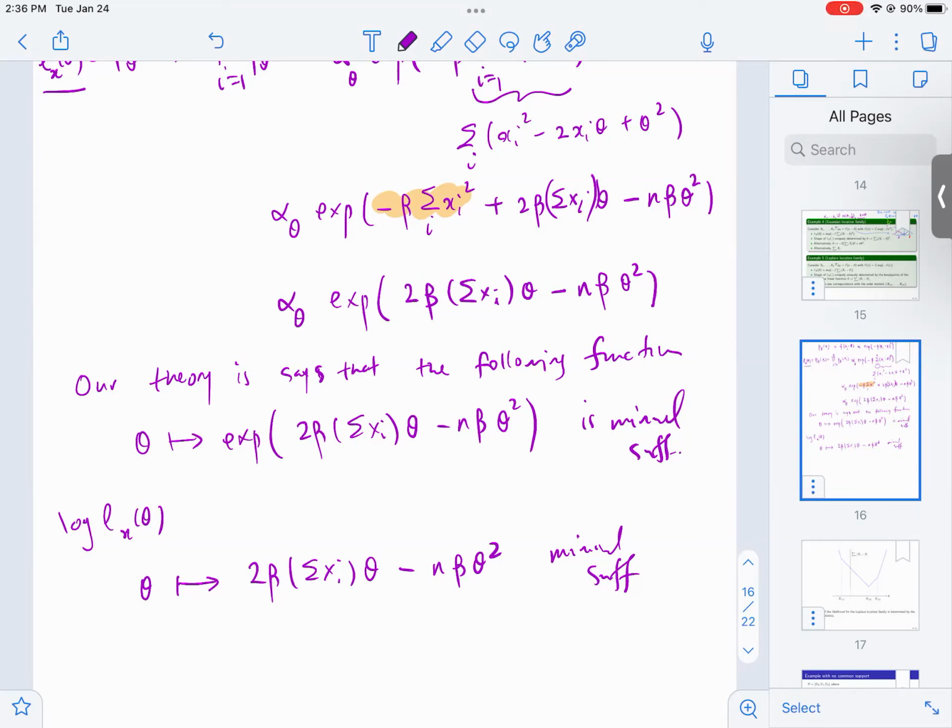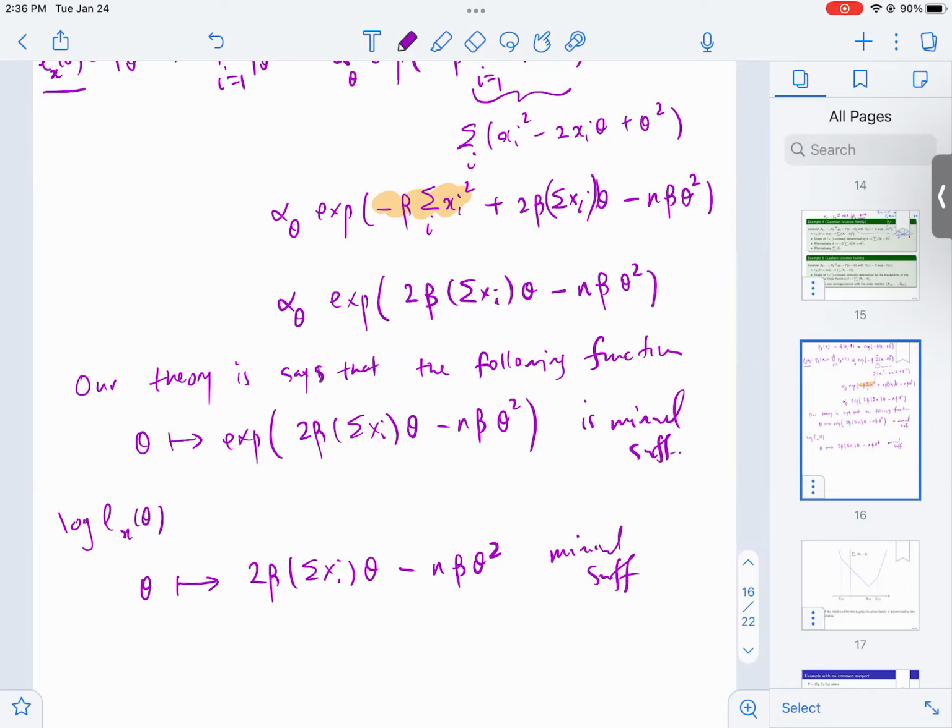Because likelihoods or densities are non-negative, the log is monotone, one-to-one, basically a bijective map between 0 to infinity and its image. So if I take the log of this, I can take the exponent back to get this. So I don't lose anything. I can recover this from that as a function.